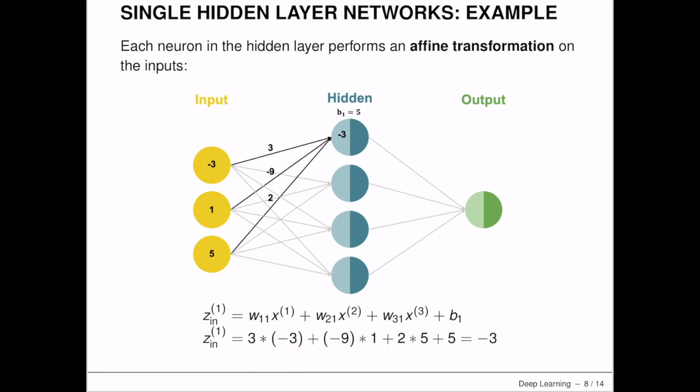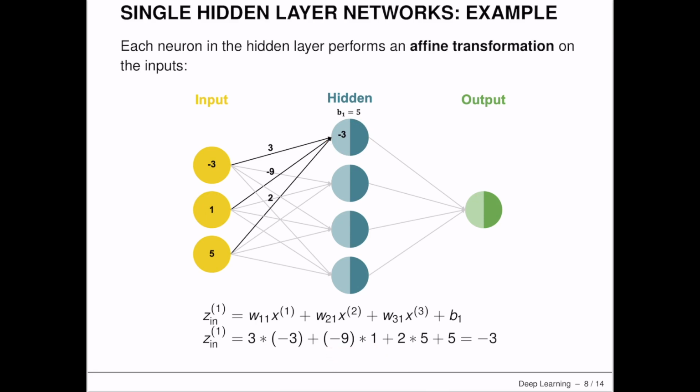Then we would multiply the second input with the weight w2,1, which connects the second input neuron to the first hidden neuron, which would be -9 times 1 in this case.